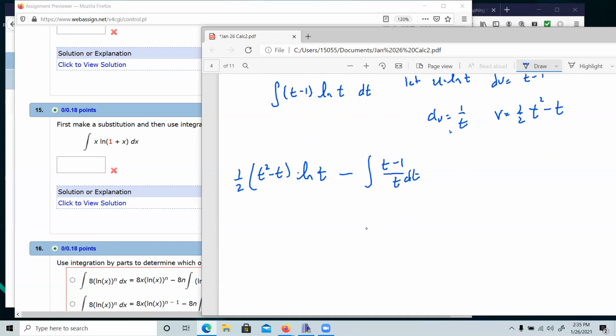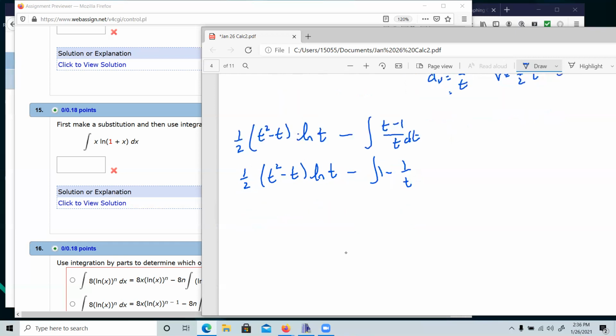So this is 1/2 t squared minus t ln t minus the integral. That's 1 minus 1 over t, isn't it?